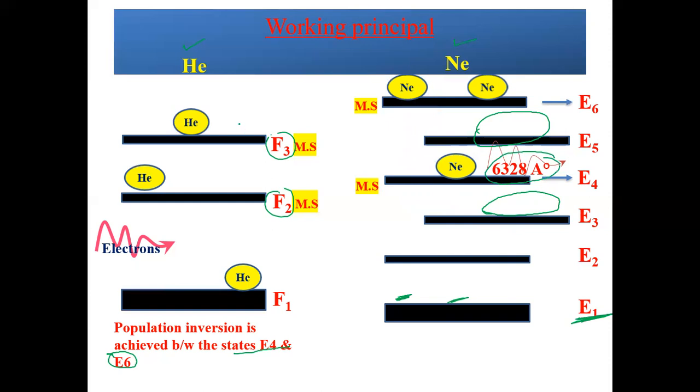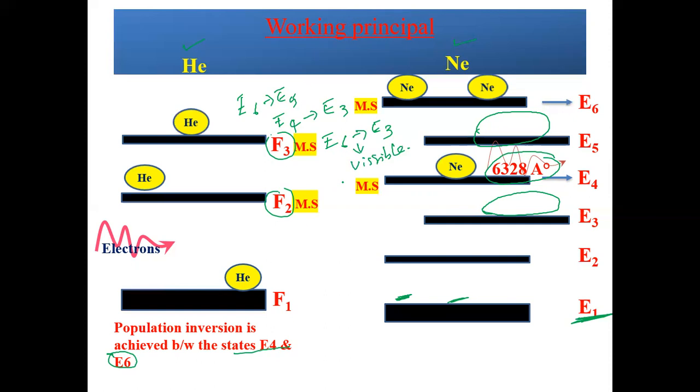The first transition we considered is E6 to E5, the second transition is E4 to E3, and the final one is E6 to E3. Out of these three transitions, the final one emits visible radiation. That's why this wavelength is the laser wavelength.